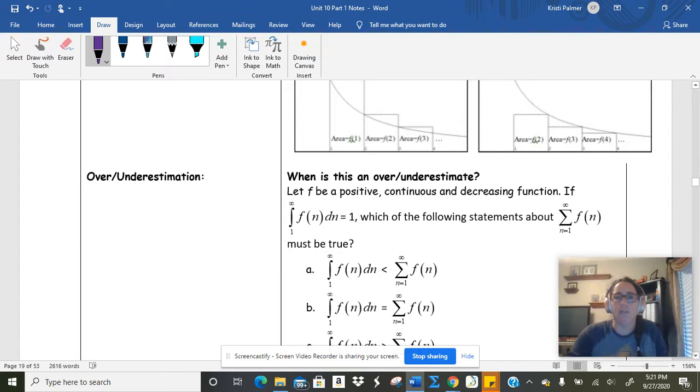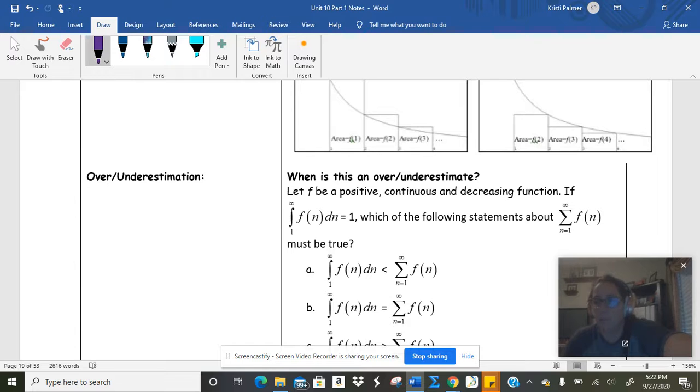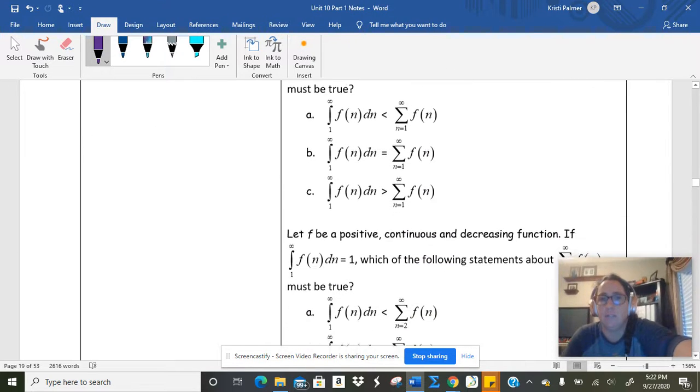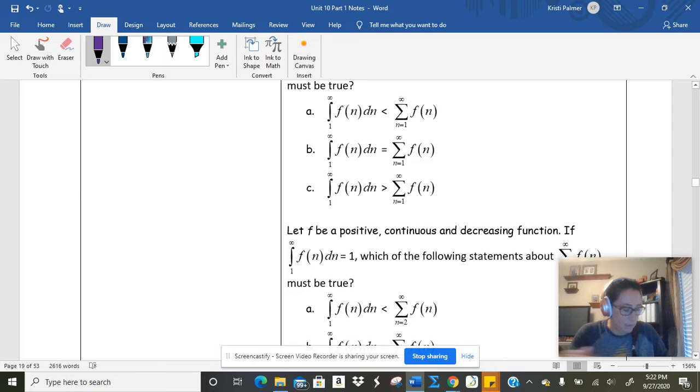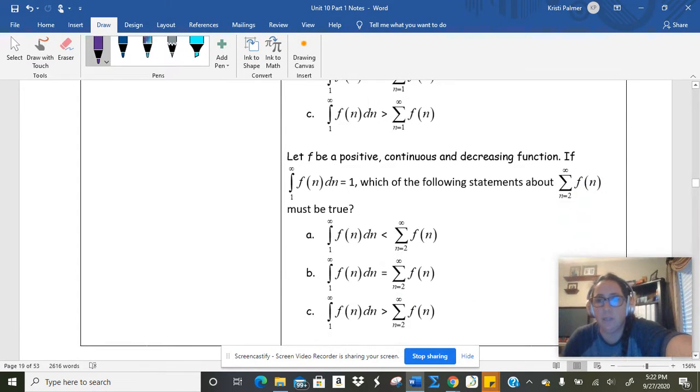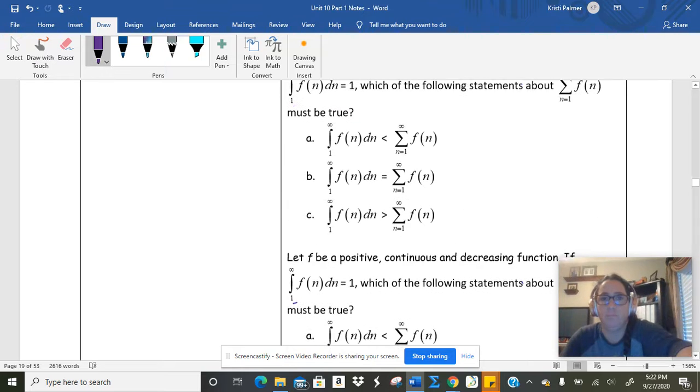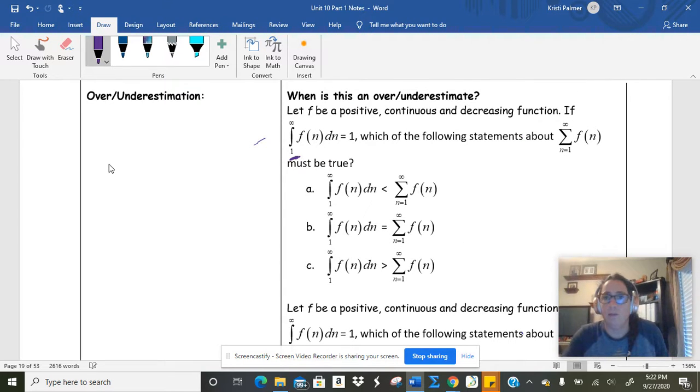So if this is your integral that you're seeing from 1 to infinity, and this guy is also over here 1 to infinity, versus the next one, if we looked at it, this was 1 to infinity, but this is 2 to infinity. Okay, so with the series, these both started at 1 and 1. So which one of these would have to be a left Riemann sum, and which one would have to be a right Riemann sum if we are on this positive, continuous, and decreasing?